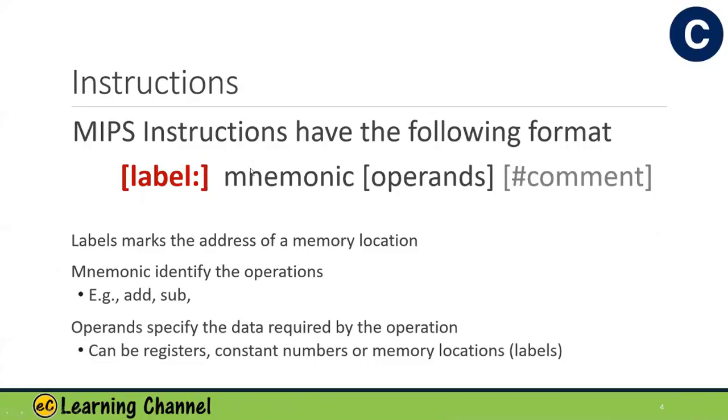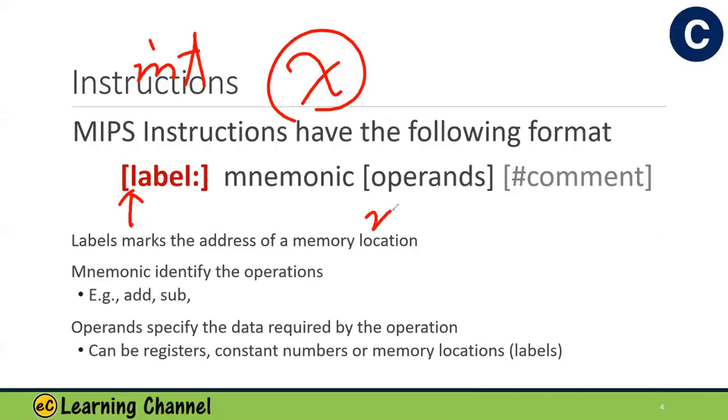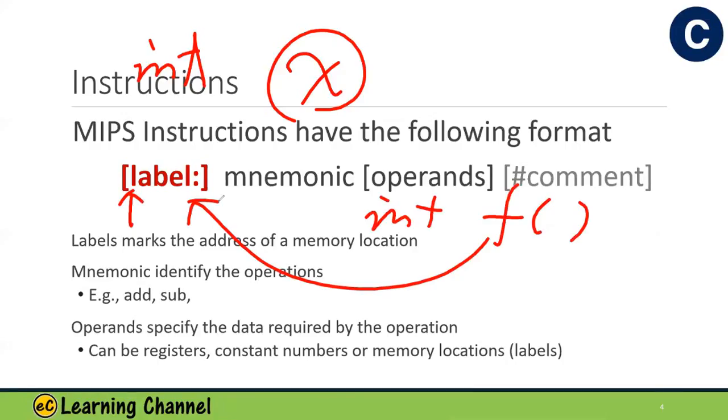So for an instruction, usually you will write a label, the name of the memory location. Usually a label is like when you have X, right? You declare X, that X is the label. Or you declare an integer function F, that F is a label.